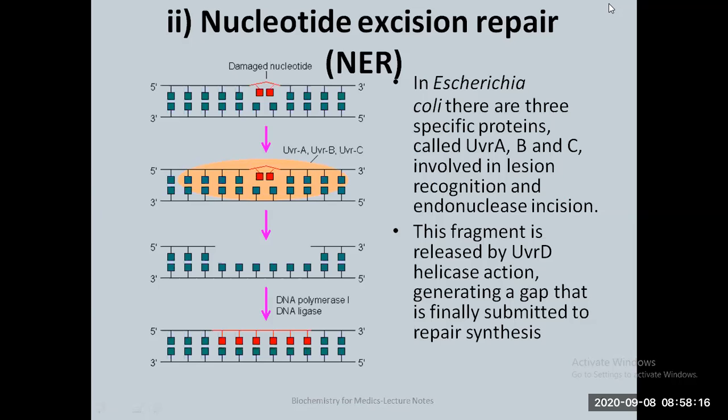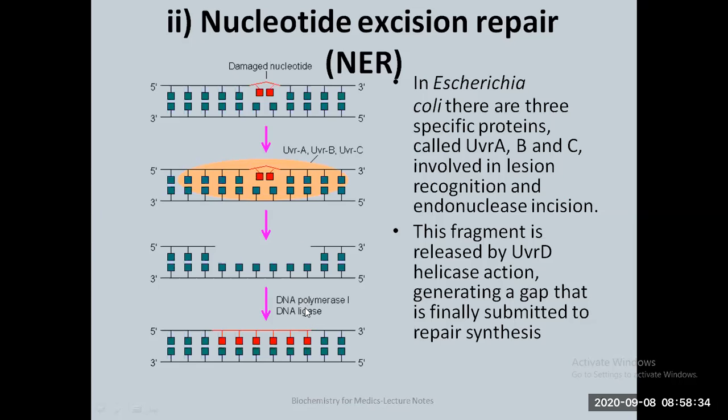Now you can see here the damaged nucleotide, and the UvrA, UvrB, UvrC sites. This is the enzyme that goes and binds, and the whole thing is excised.